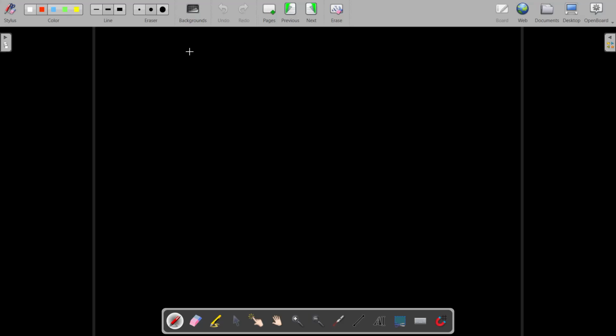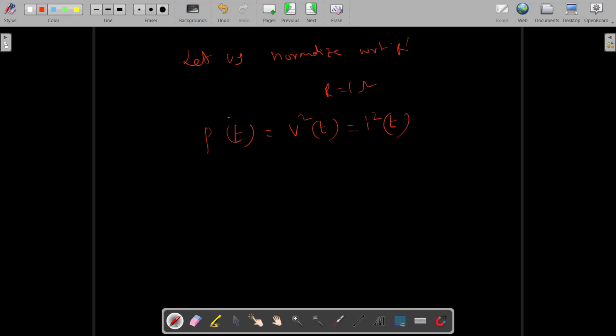Let us normalize with respect to R, so R is equal to 1. Now P of t becomes V square of t, and this is the same as I square of t. So this is about the instantaneous power.